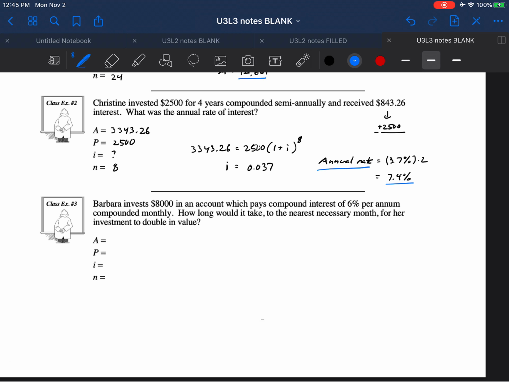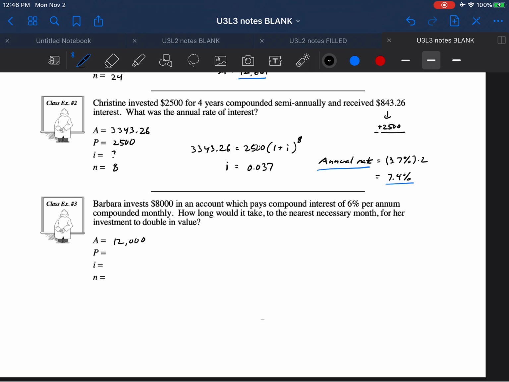Third question. We're investing $8,000 at 6% per year, compounded monthly. How long will it take, to the nearest month, to double her investment? Let me go back to black, the same color I've been writing everything else in.